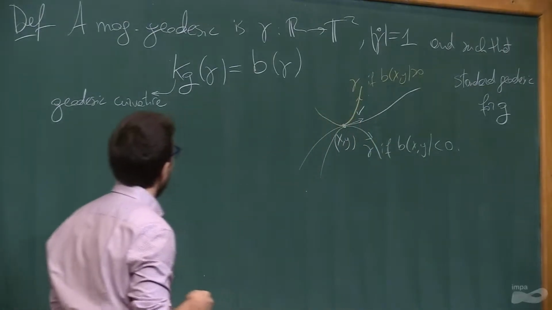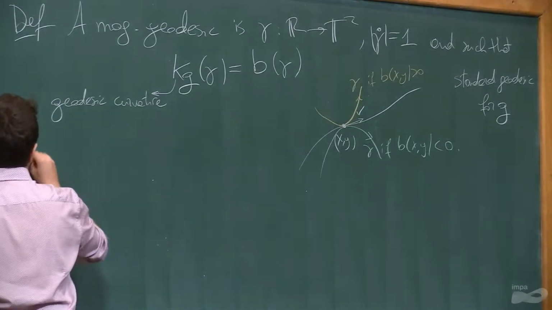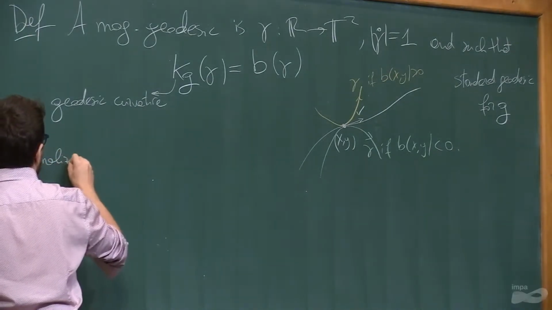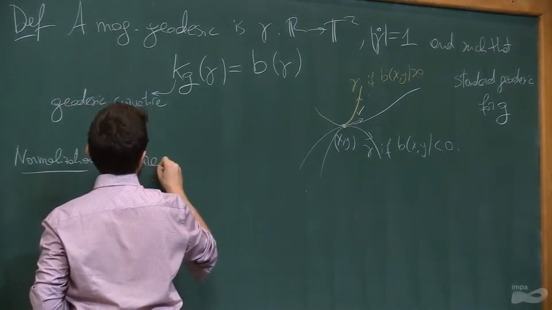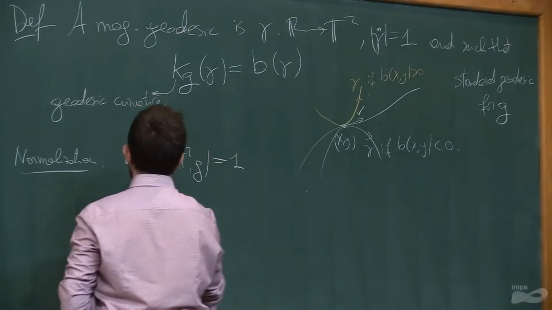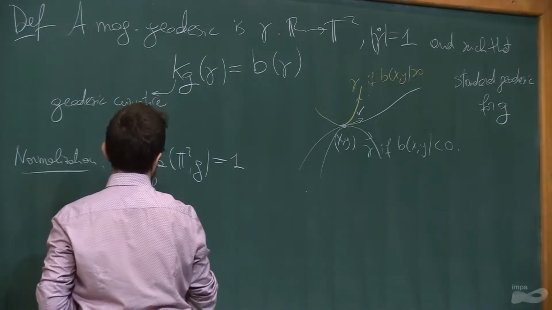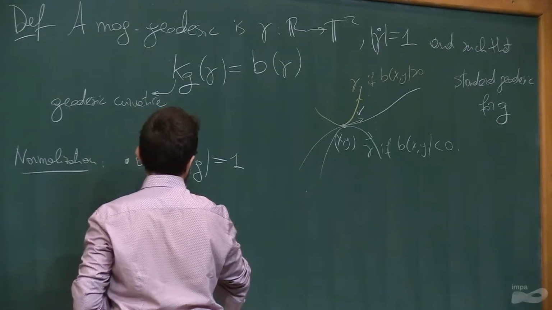flow for G. And in the discussion, it's convenient to make some normalization. So I will write them here. So first of all, we can take the total area to be 1, and also the integral of my function B over the 2-torus to be non-negative.